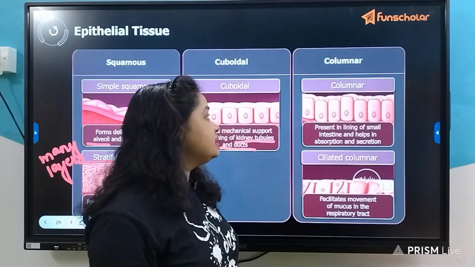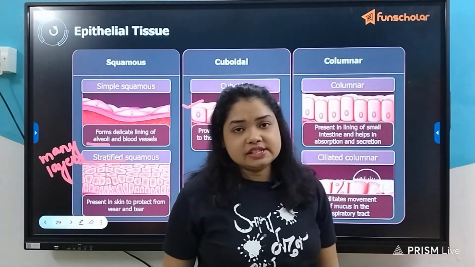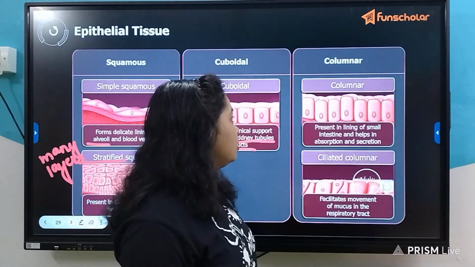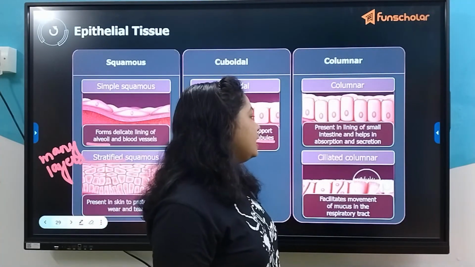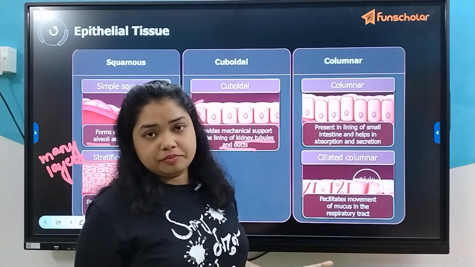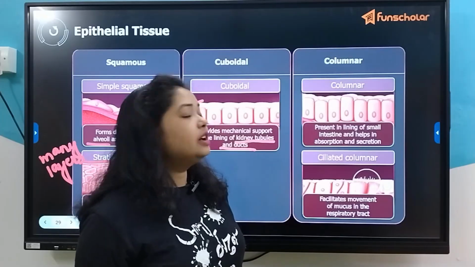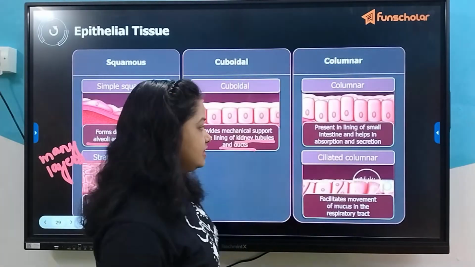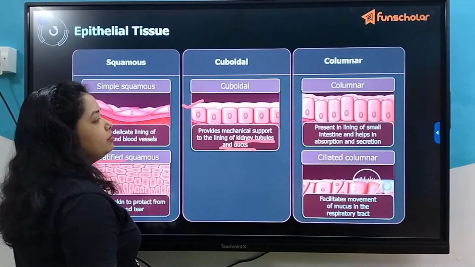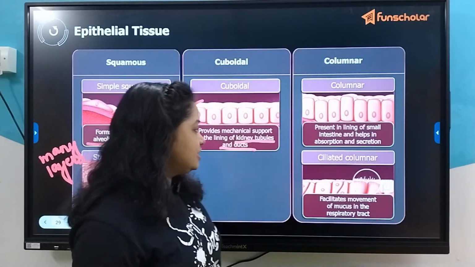The villi increase the surface area, and the epithelium which contains these villi is known as the columnar epithelium, and it actually absorbs all the digested matter that we have seen, and also secretes some of the enzymes in the intestine. So that is why columnar epithelium is necessary in the small intestine.